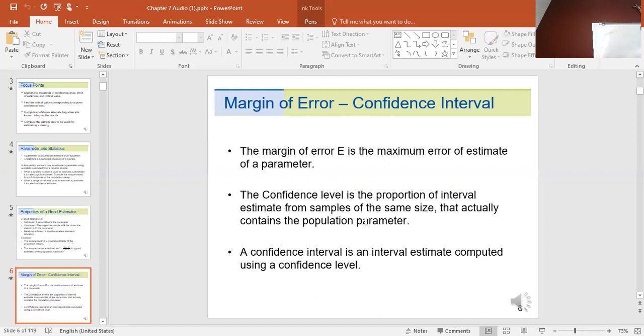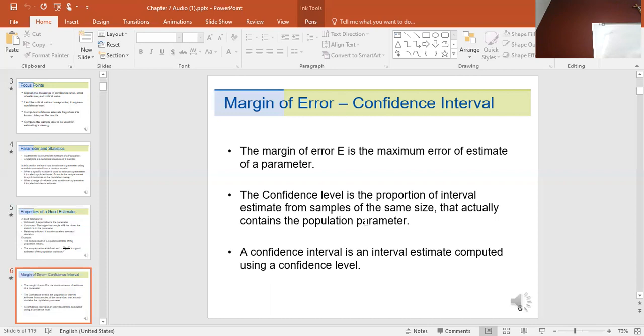Fair enough. What is the probability that the interval estimate you are getting will actually have the mean? If my sample mean is somewhere here, then I can move by E in each direction, to x bar minus E and x bar plus E.